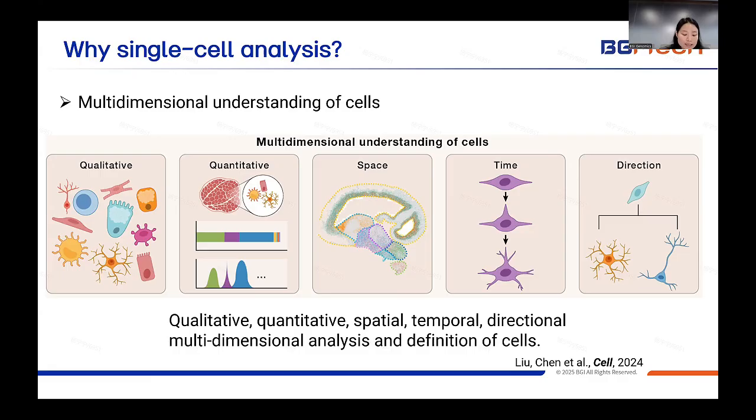So understanding these multiple dimensions of cellular diversity and organization is very crucial for comprehending the connections between the genome and the specific biological processes, as well as the regulatory mechanisms involved.